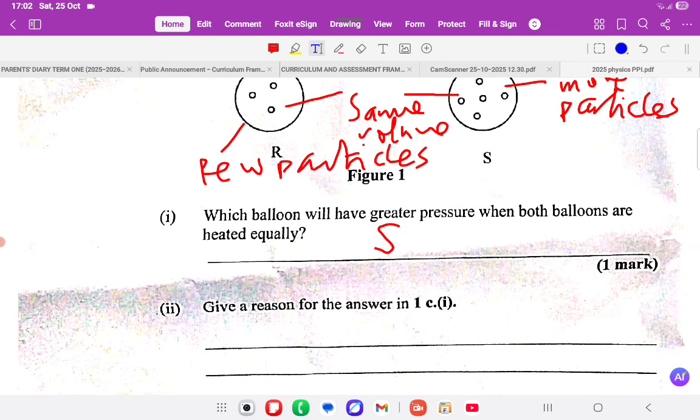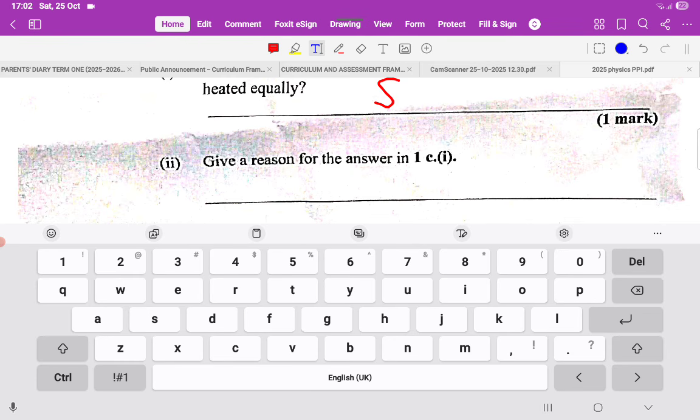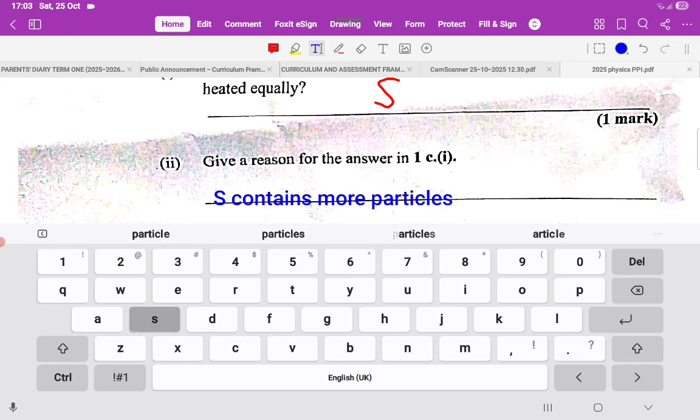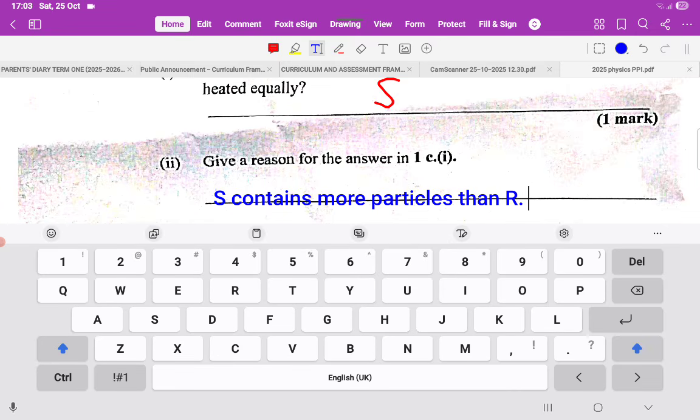We are saying that that's going to be the case because balloon S contains more particles than R. That's one mark.